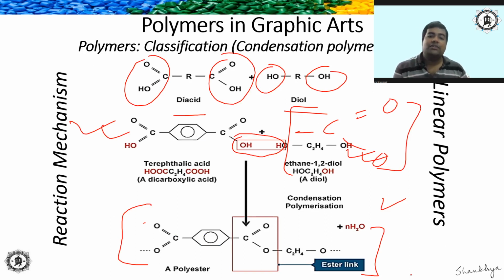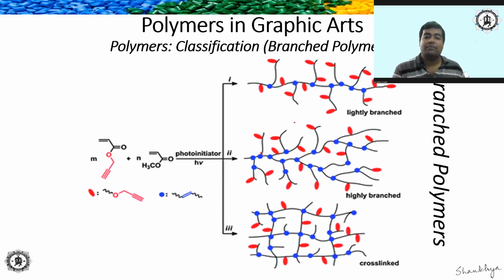So there you see maybe a few hundred alcohol functional groups in those reactions. Instead of a diol, we use alcohols which have a few hundred alcohol functional groups. So ultimately, after synthesis, the structure of the polymer becomes not linear anymore but becomes branched.